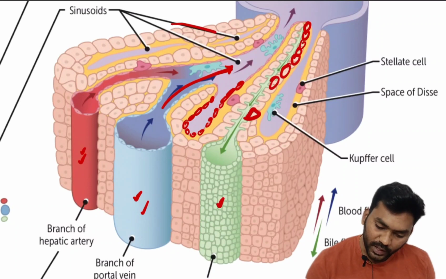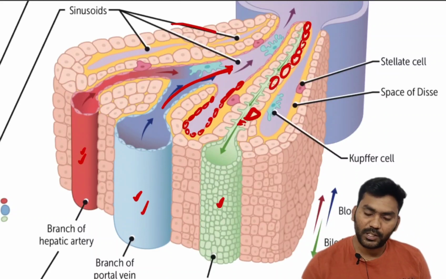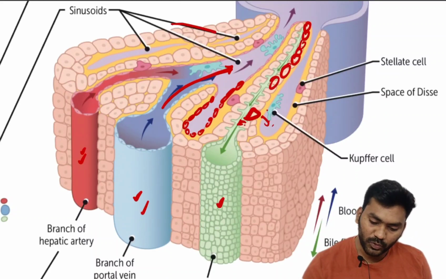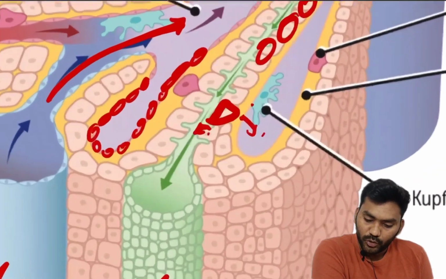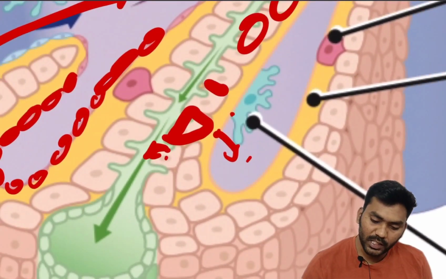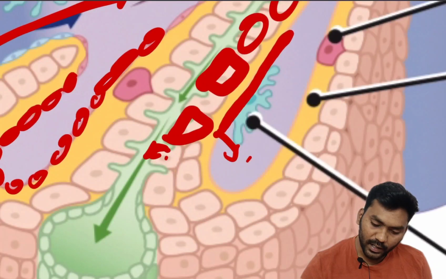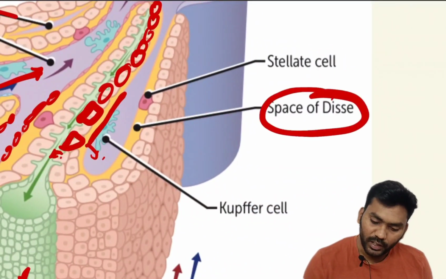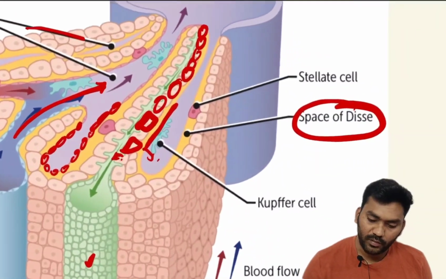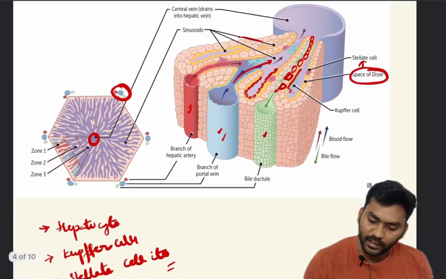The apical surface of these hepatocytes faces the bile duct, whereas the basolateral surface is exposed to the sinusoids. One more thing we have to discuss: the space between the hepatocytes and the sinusoidal endothelium is called the space of Disse. This is the space of Disse.